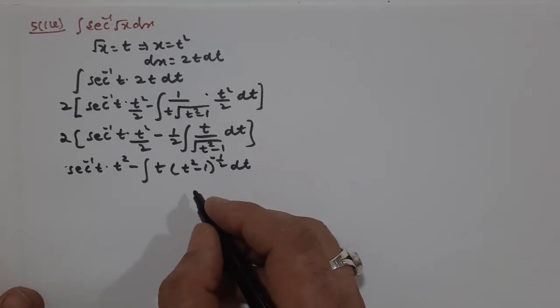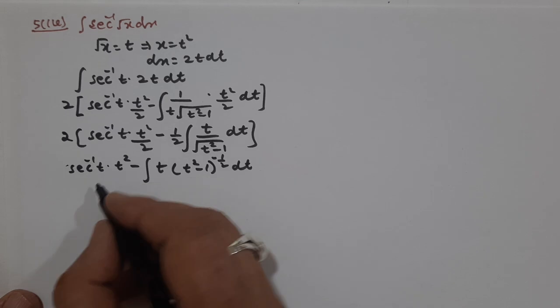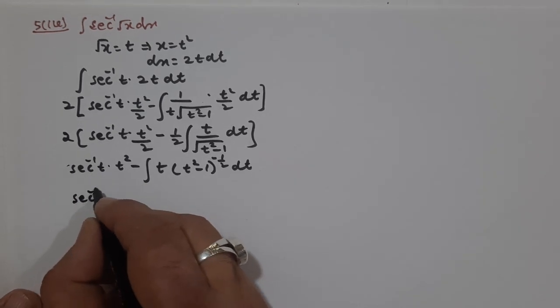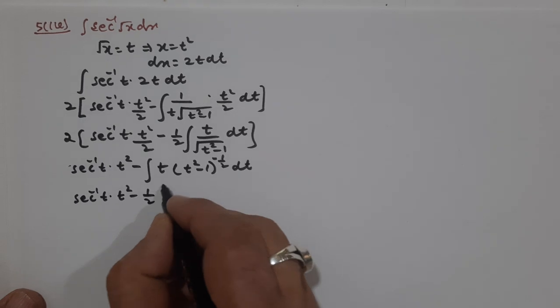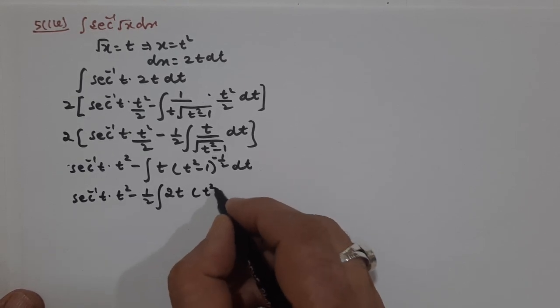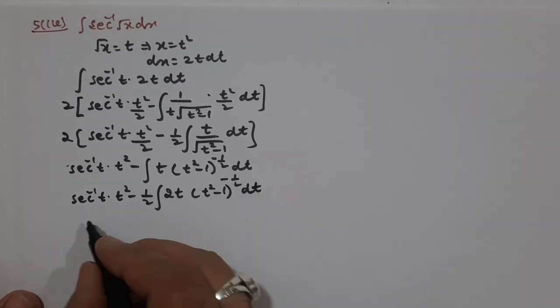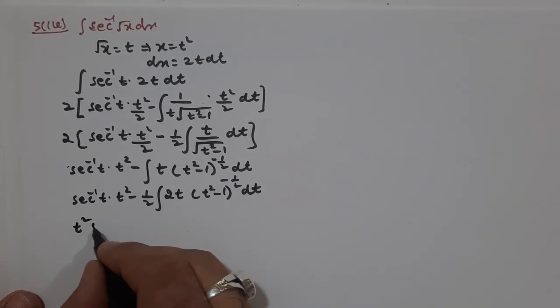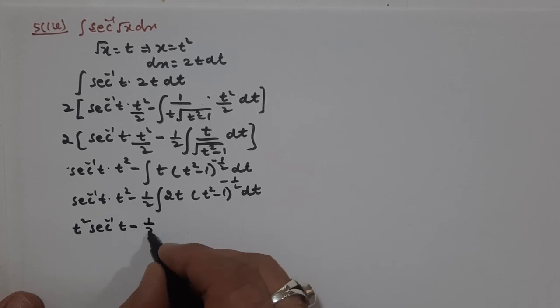Now here we have two options, either we can put, or multiply and divide by 2t. t square minus 1 power minus half dt. So what we get? t square secant inverse t minus half.